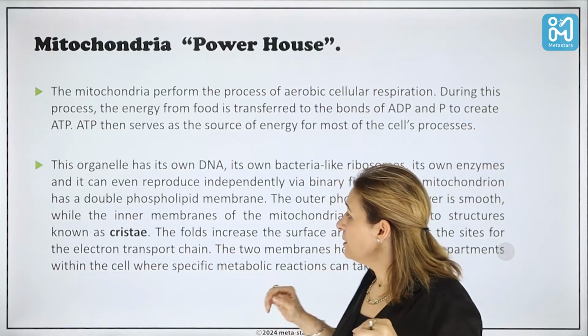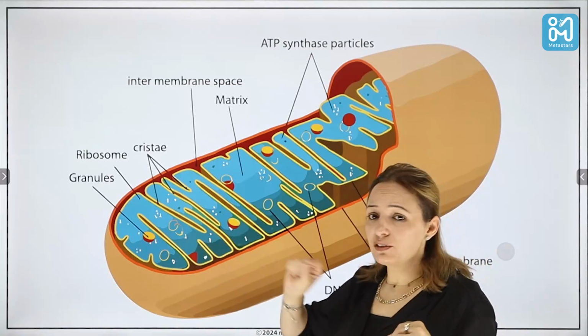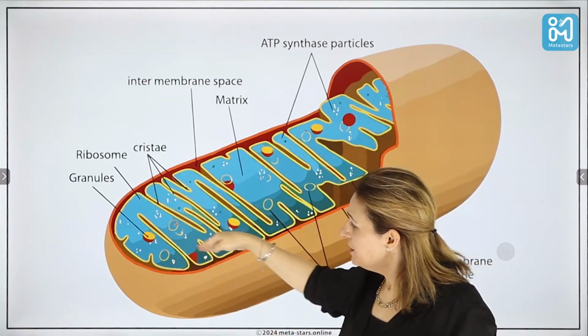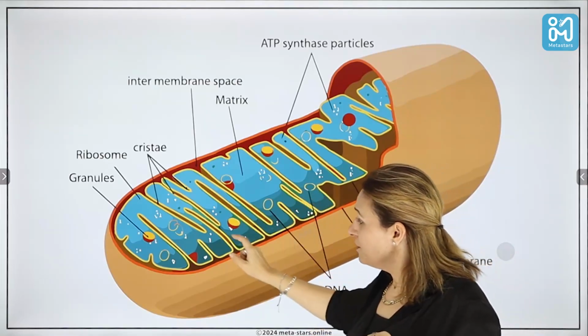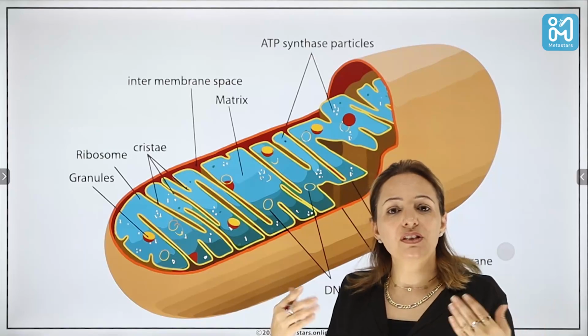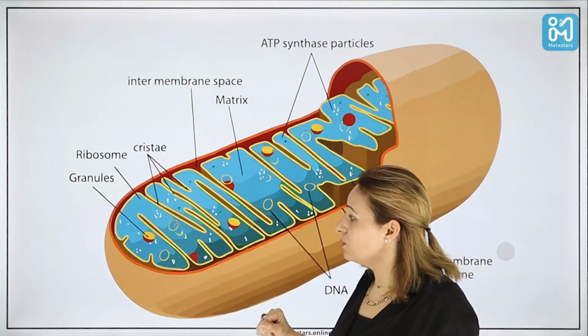The mitochondria is basically made of two layers of membranes. It has the outer membrane and it has an inner folded membrane, as you can see. The inner folded membrane, it is folded because we need to maximize the surface area for the reactions that are taking place inside the mitochondria.